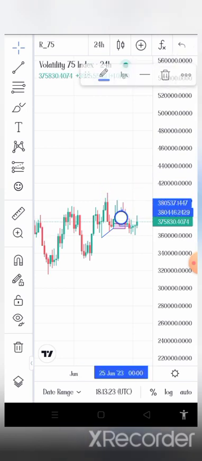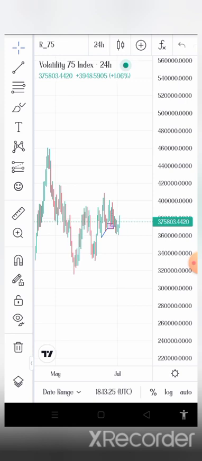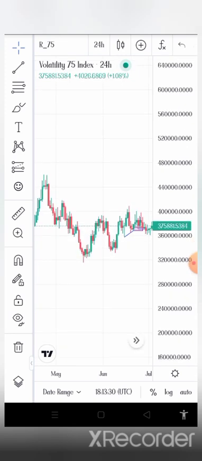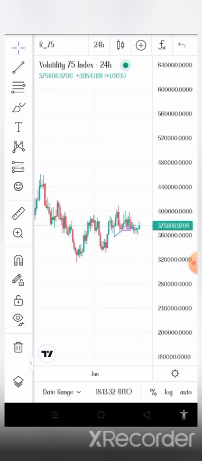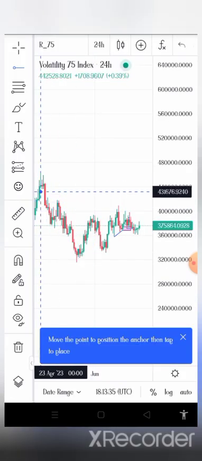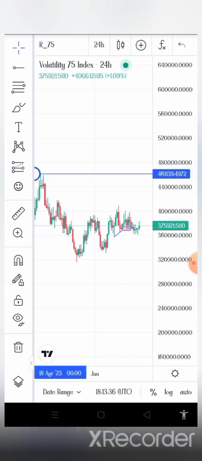So you don't keep saying the market was manipulated. All right, so you take note of liquidity. Liquidity is basically old highs and old lows, right? Equal highs, equal lows.